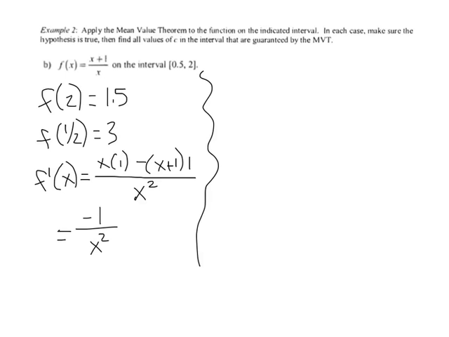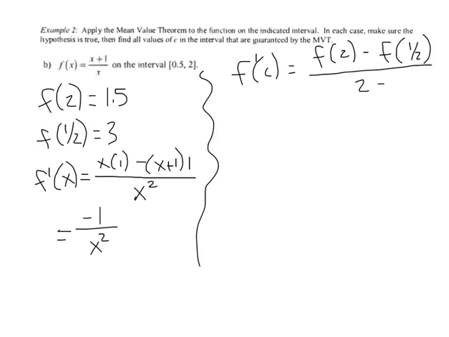Okay, now we set everything up. Remember that we're looking at f prime of c. We're trying to figure out the c value, this x value, where it is going to match up with the slope of the endpoints. So f of 2 minus f of 1/2 over 2 minus 1/2. That's what we're looking for here. So we go through and set some things in place.